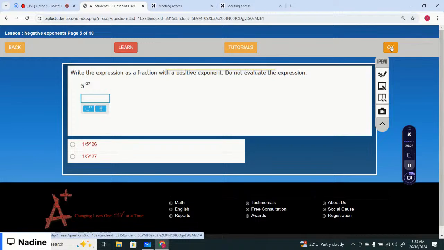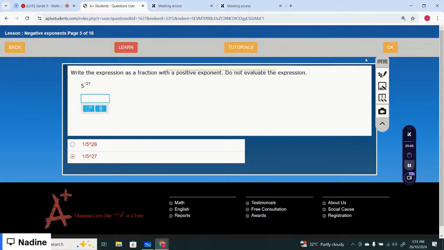Write the expression as a fraction with positive exponent. So 5 exponent negative 27, which is the correct option? That would be option number 2.